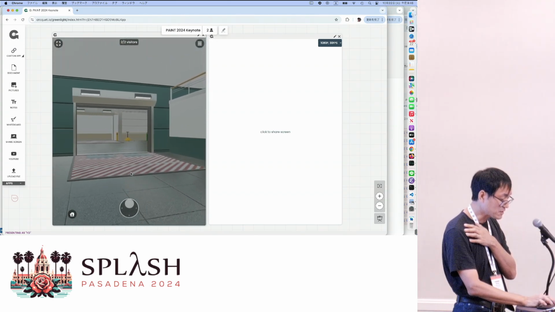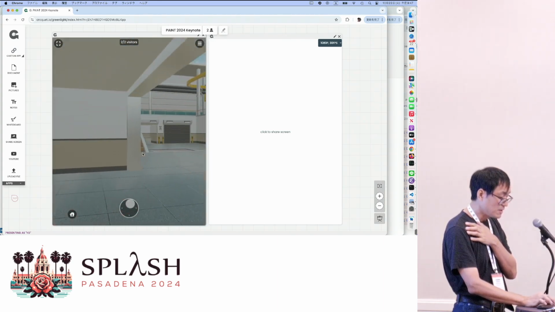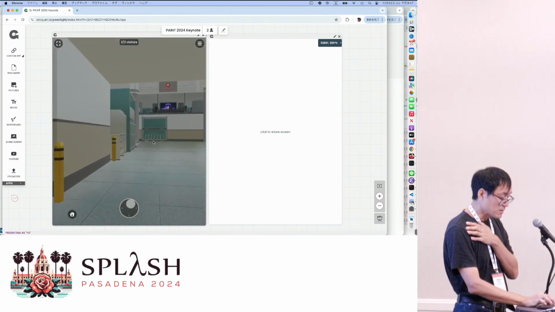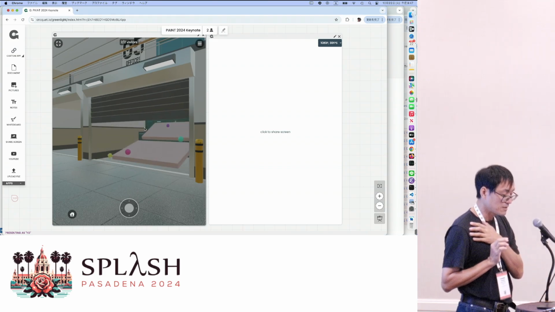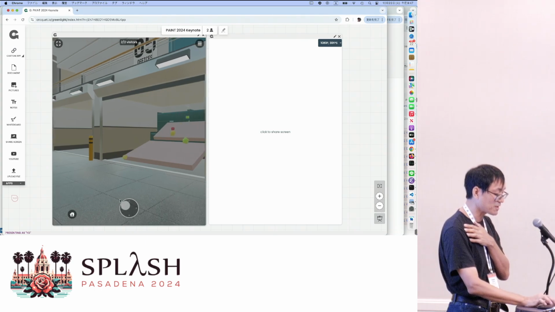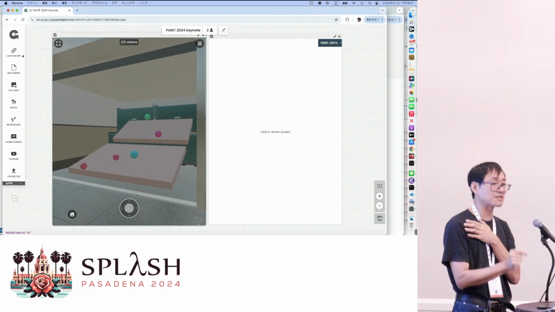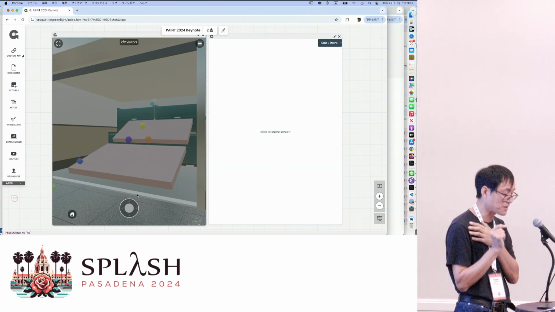So let's explore a little bit more. There's some suspicious door, and I opened it, and there's a physics simulation. Some engineers must have too much free time.